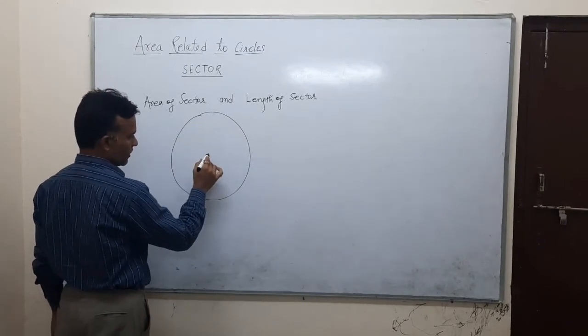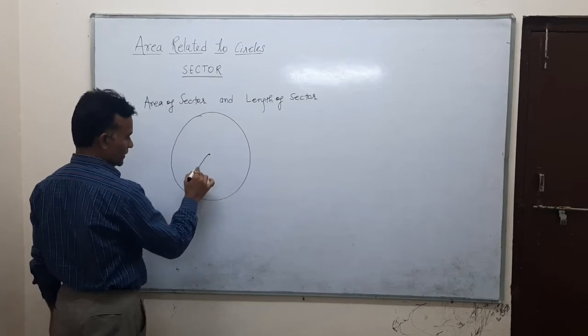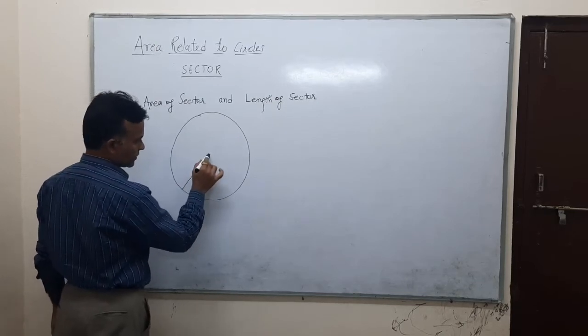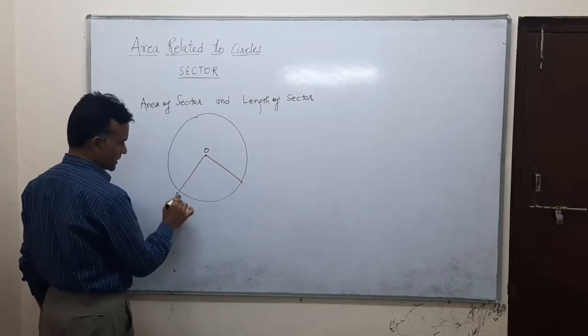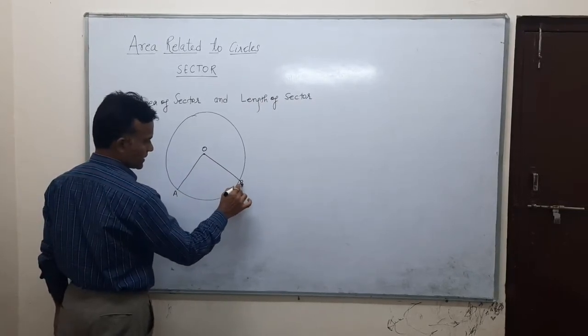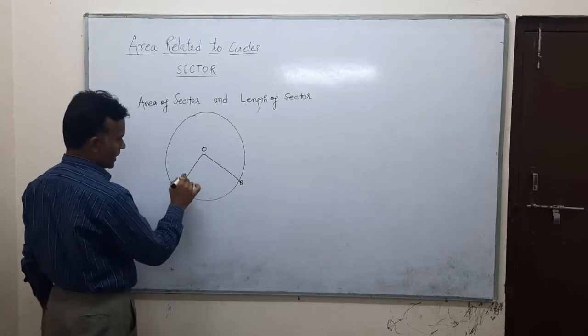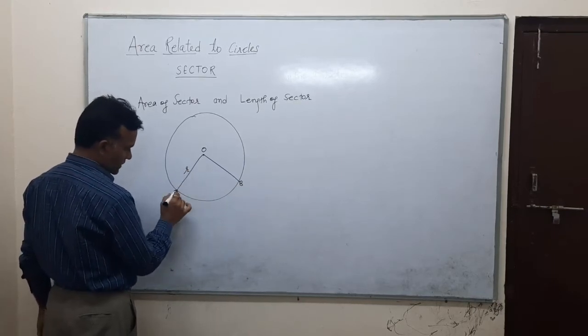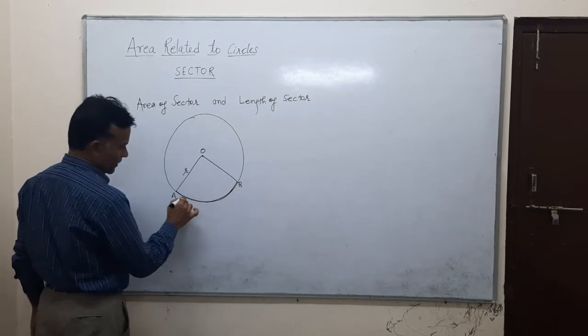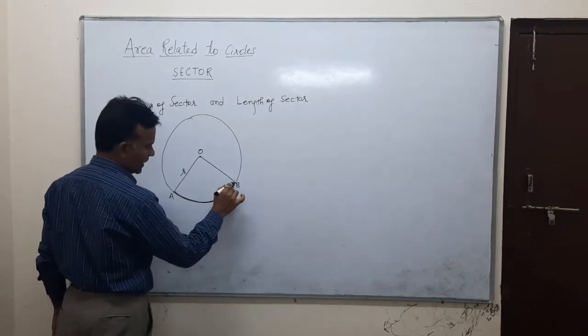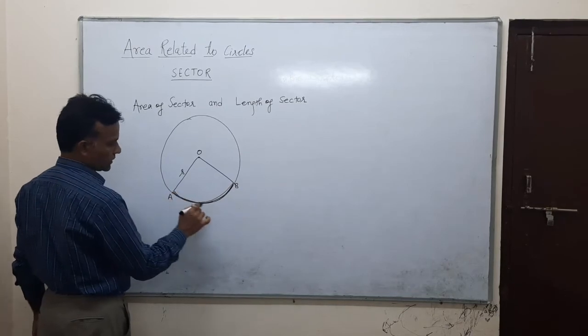Again now here we have center O, and then here we divide some part of the circle. This is the radius and their naming is A and B. So this much distance covered by this curve AB is called length of arc.